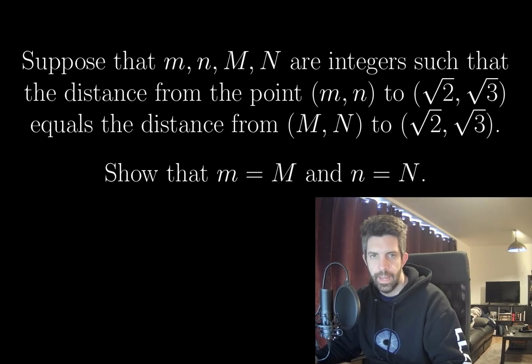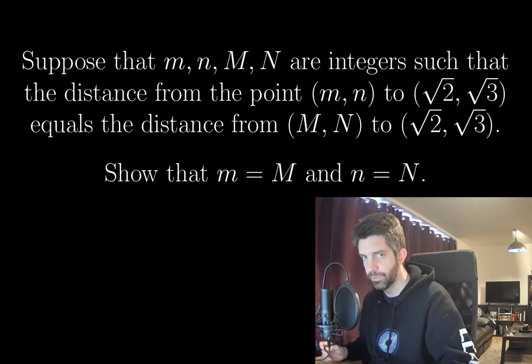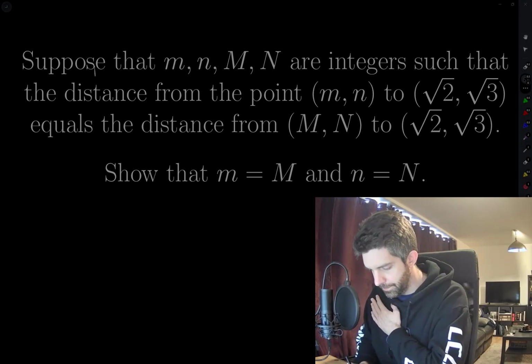Suppose that m, n, capital M, and capital N are integers such that the distance from the point (m, n) to (root 2, root 3) is equal to the distance from (capital M, capital N) to the point (root 2, root 3).